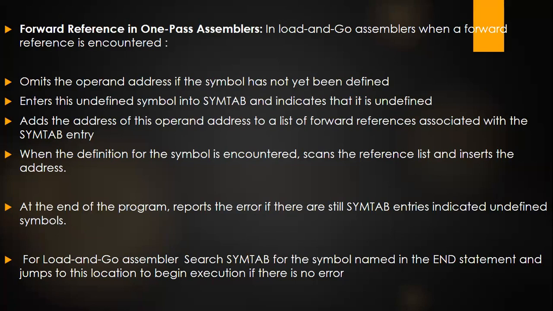Forward reference in a one-pass assembler. In load-and-go assemblers, when a forward reference is encountered, omit the operand address if the symbol has not yet been defined. We are not providing any duplicate address.